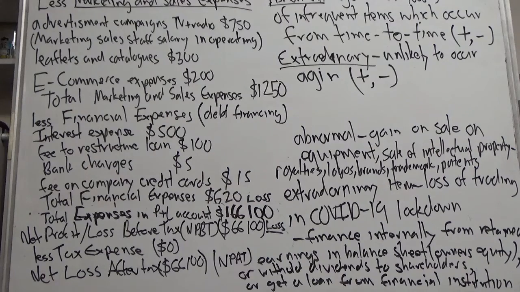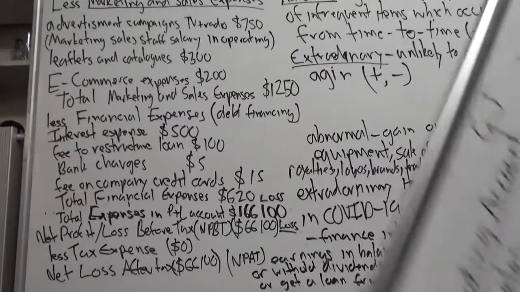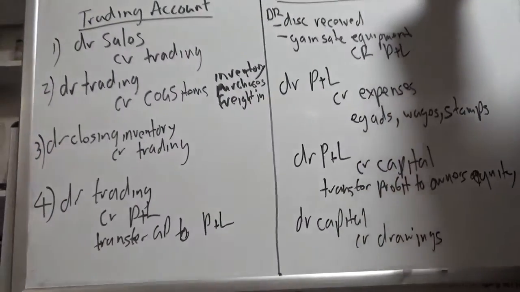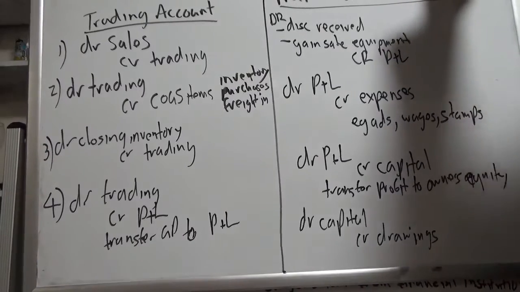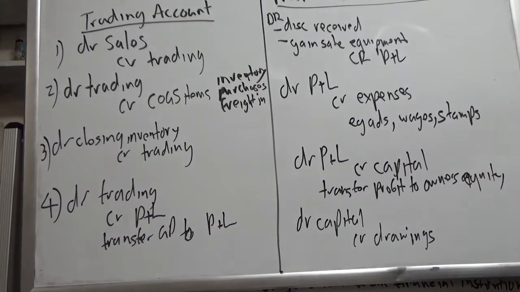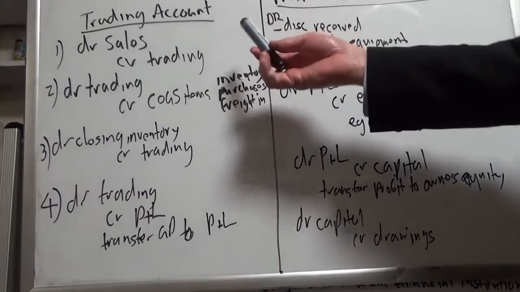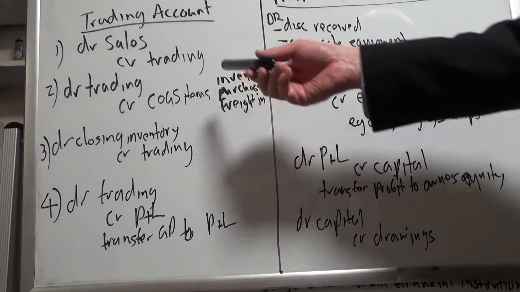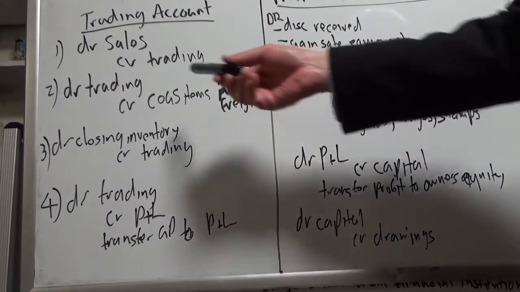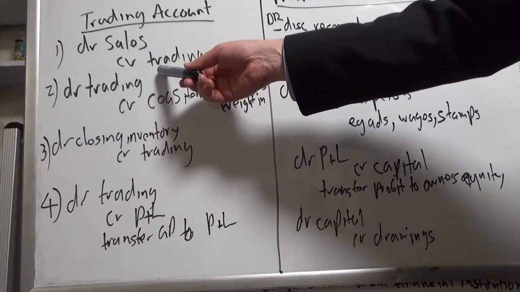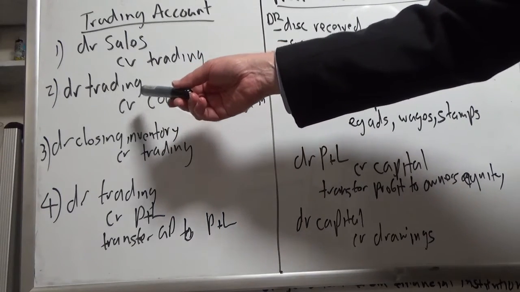And there are also some general journal entries for both the profit and loss account and trading account, and these have to be done just before the financial statements are drawn up. In the trading account, to close off all the accounts for the year, you debit sales and credit the trading account.